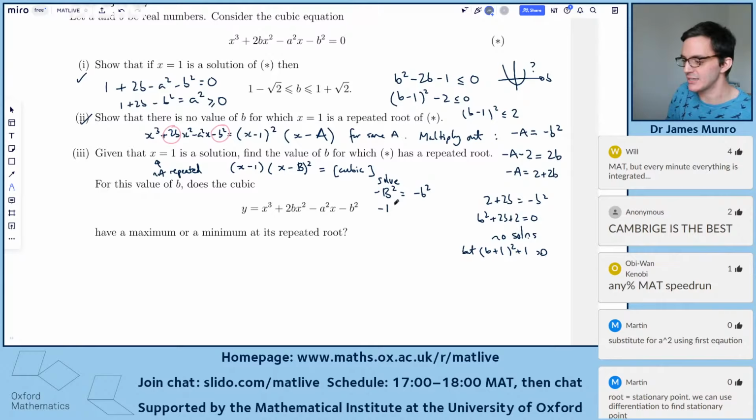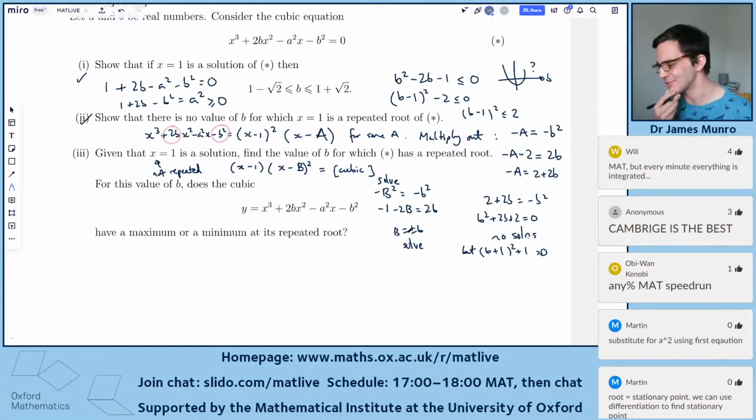Minus 2bx inside here, so minus 2b. That would have to be equal to 2b, so then big B could be plus or minus b. I'm writing solve to go and plug that in and solve the quadratic. It looks like plus or minus 1 to me. It's not 1, so it's probably minus 1. Something like that. Okay, good stuff.